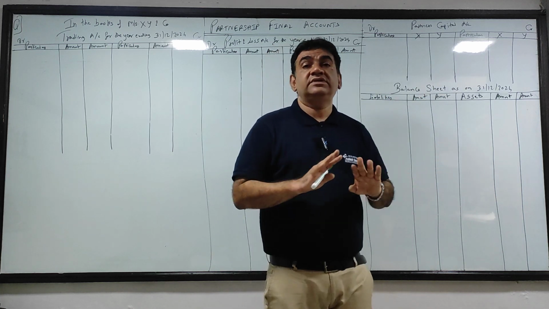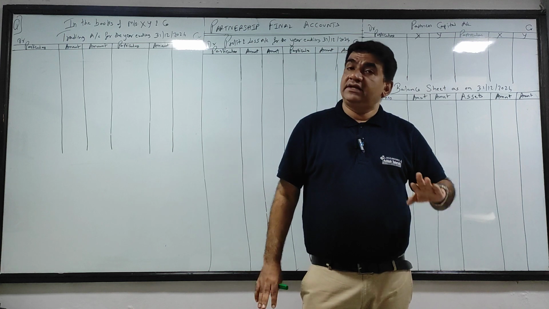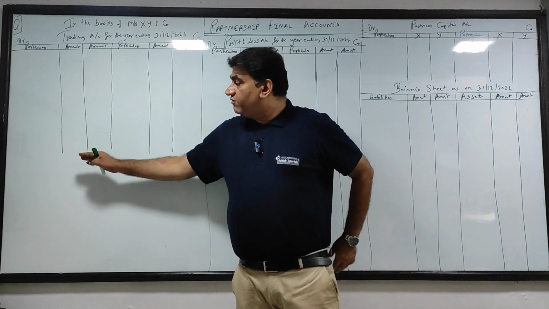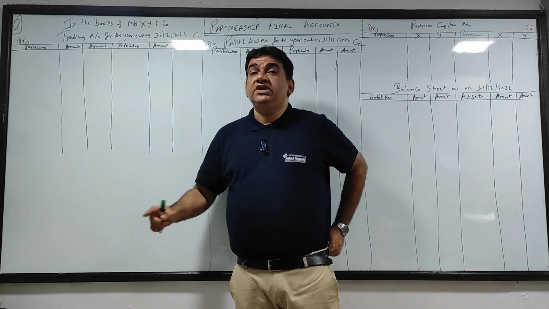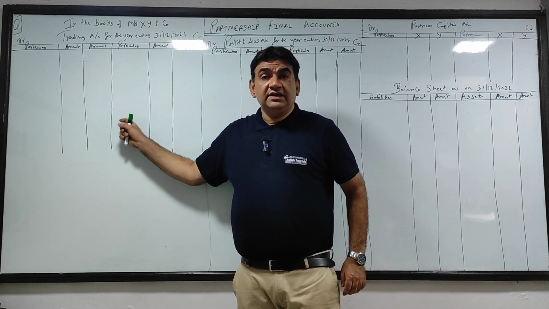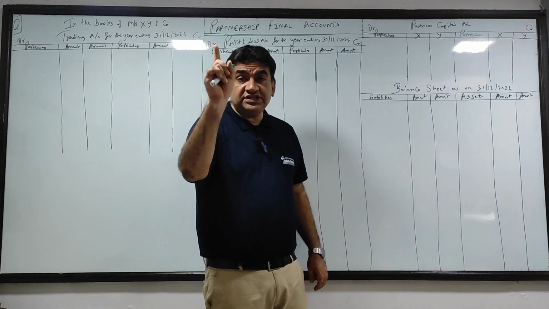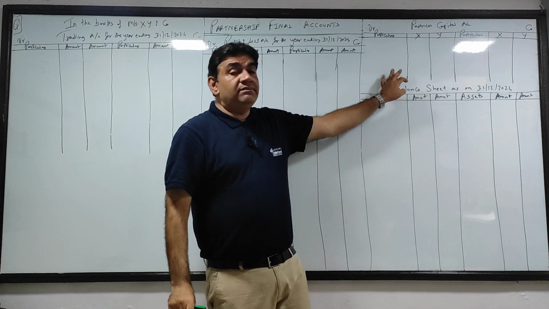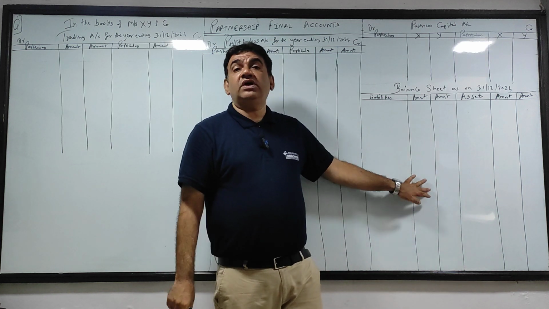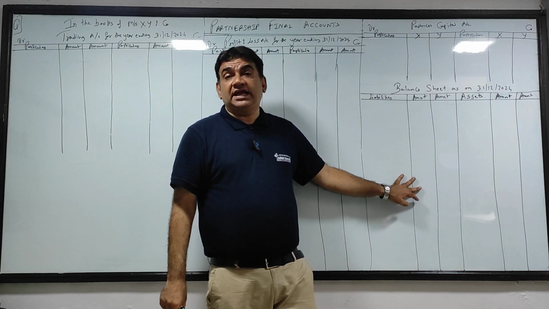So पूरा sum 3 पेज में फिट हो जाएगा. Wherever there are working notes, आगे जाके आएगा, अभी नहीं है. We will do it below trading account. But in your board exams, you will take separately trading, P&L. Listen, even in your board exams, partners capital को तुम लोग अलग पेज पे लेना, बैलेंस शीट को अलग पेज पे लेना, तो 4 पेज में जाएगा.